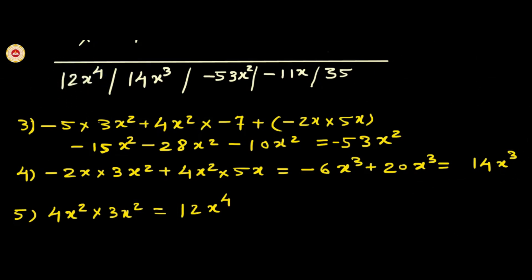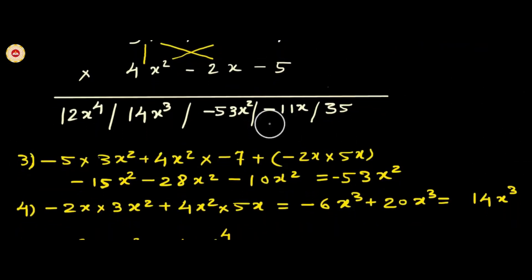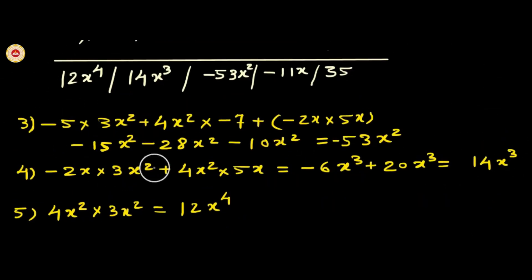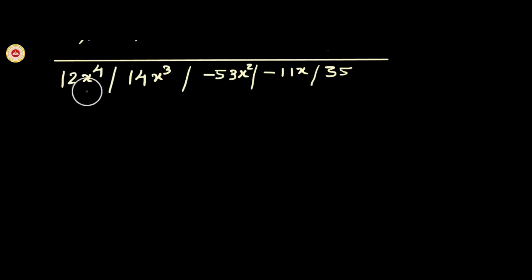Okay, so friends, we have calculated the answer and written it in 5 parts. Now let us write the answer, but first of all please write these 3 steps, third, fourth and fifth. Let us write the answer starting from the left part. So what is the leftmost part? 12x to the power 4 plus, this term is positive, so plus 14x cube.